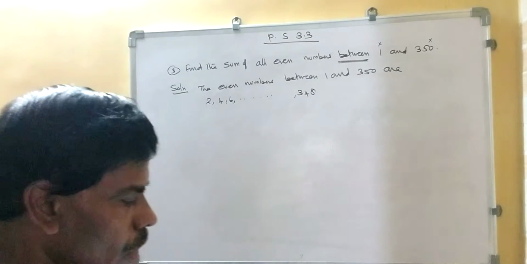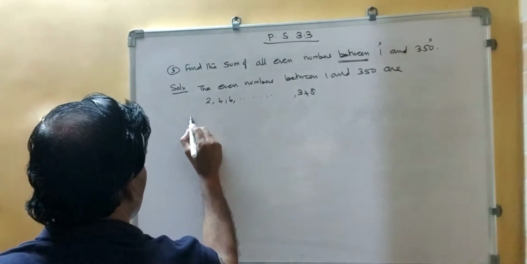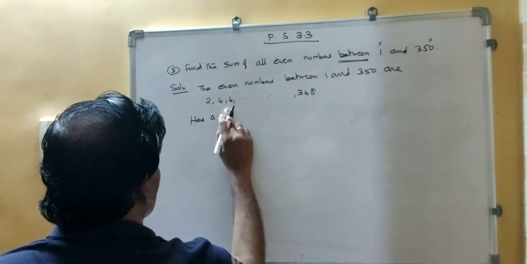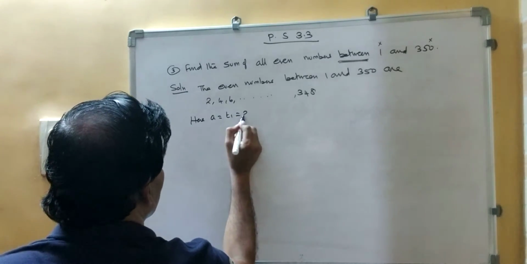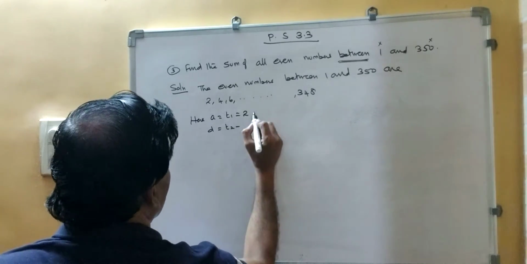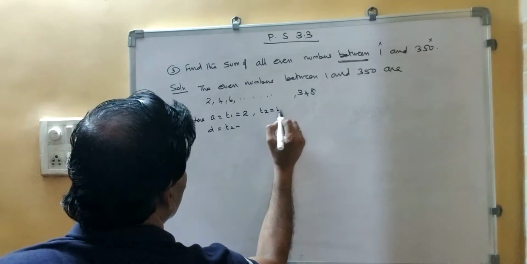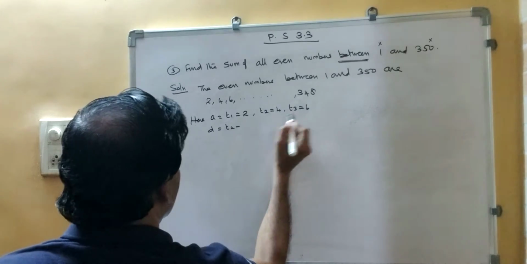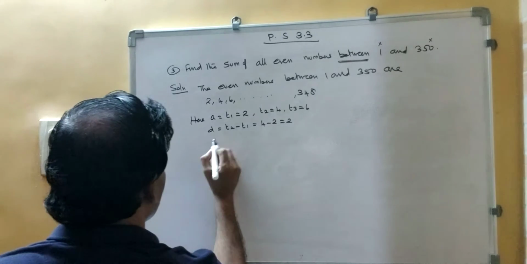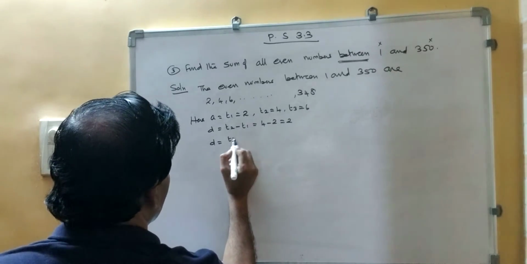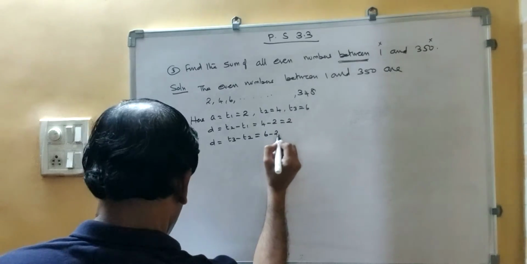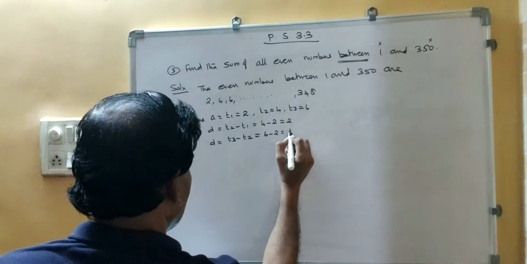Okay, now what we have to do is, here a equal to t1 equal to 2. So d equal to t2 minus t1, here t2 equal to 4, t3 equal to 6, so 4 minus 2 equal to 2. So d equal to t3 minus t2, which is 6 minus 4, again 2.